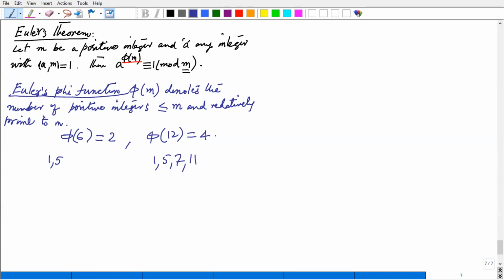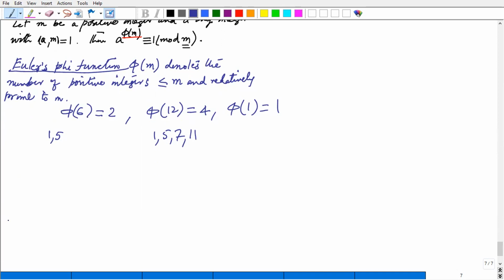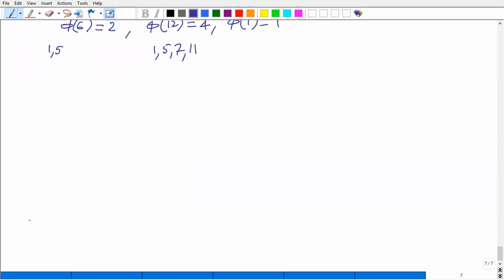And phi of 1 is 1 by definition, because we have only one number, 1, which is relatively prime to n. So that's called Euler's phi function.